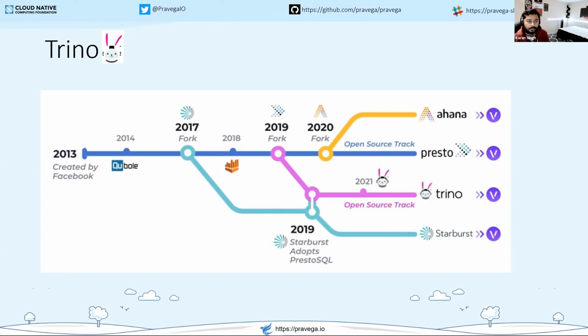This is a brief timeline which clears up what exactly Presto and Trino are. One important thing to note here is that there are two open source tracks, Presto and Trino, and we do have support for both of them. Pravega has support for both the Presto open source track as well as the Trino open source track.